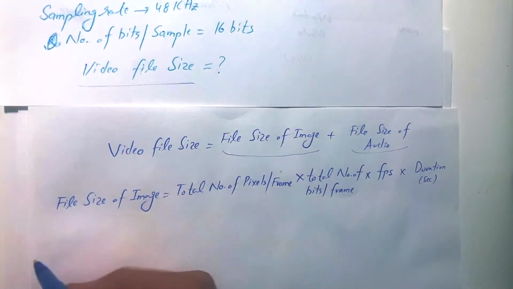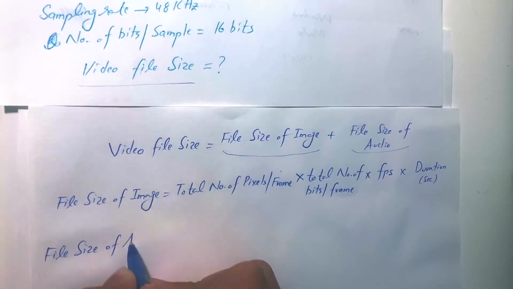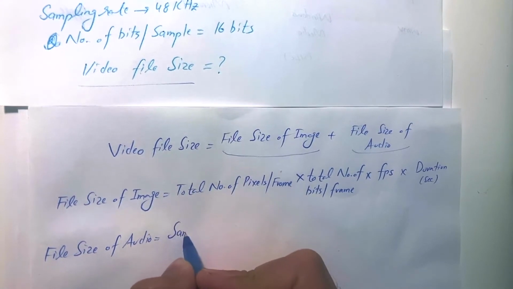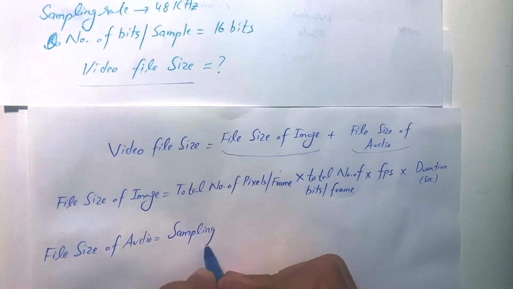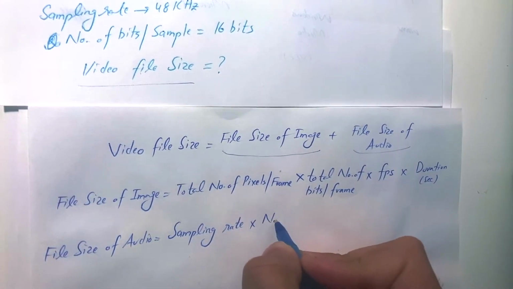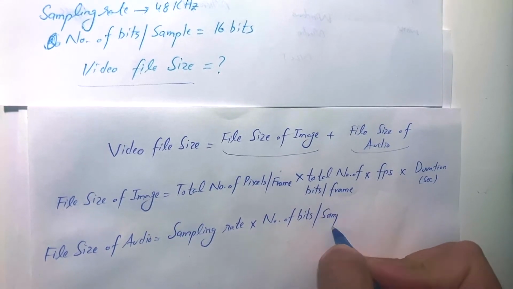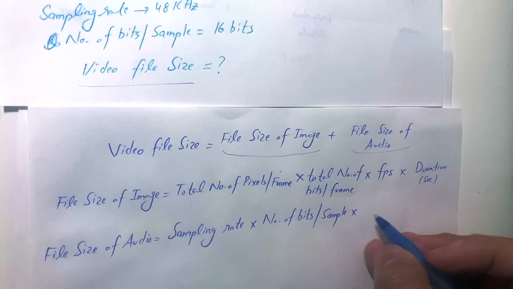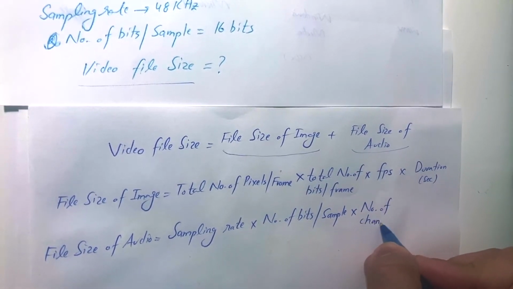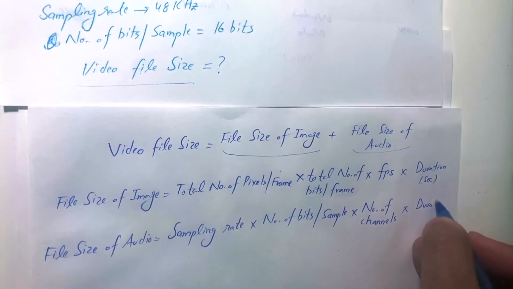Then the file size for audio. The formula is sampling rate, the number of samples per second, multiplied by the number of bits per sample, multiplied by the number of channels, then multiplied by the duration of the audio.